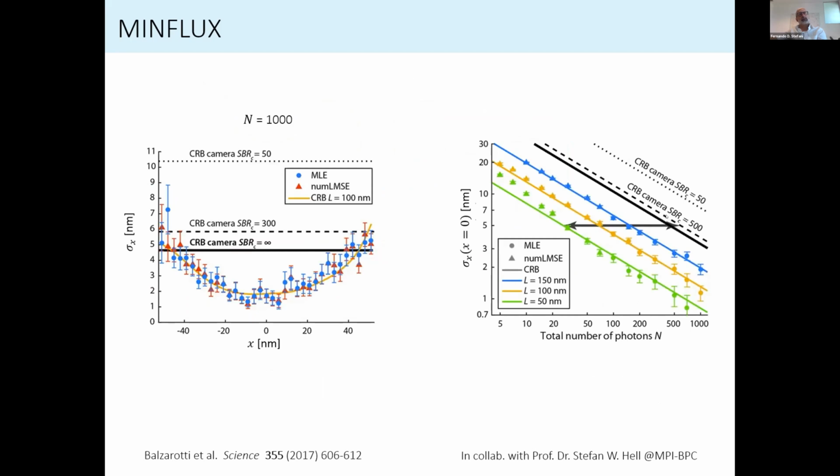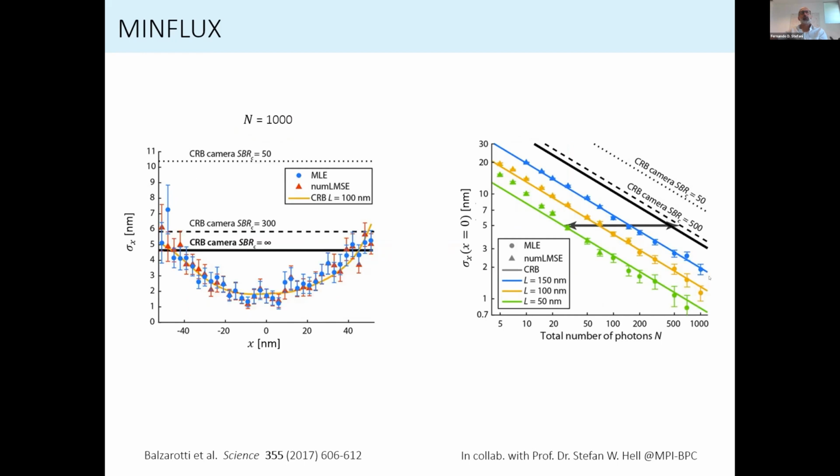So here what you see is a comparison of the localization precision of MinFlux in comparison to ideal cameras or cameras with very high signal to background ratios. And you see MinFlux is always better, but you also see what I told you before, that when you use minimal light, you can reduce your field of view to make it as small as you want, and the precision becomes better and better.